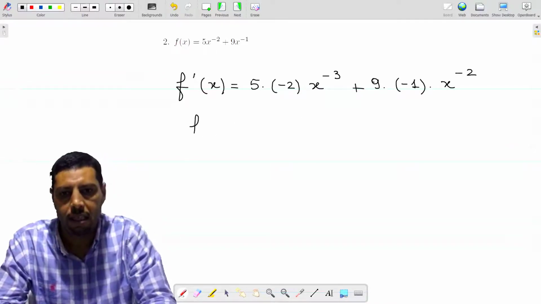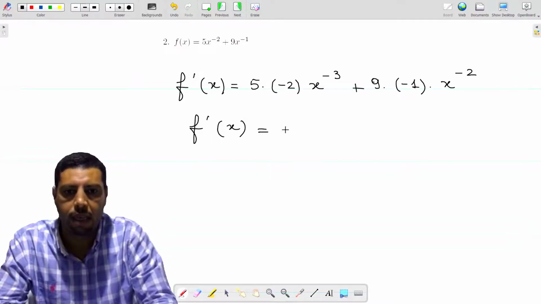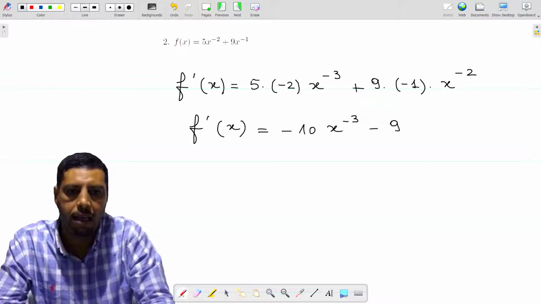Written in simplified form, f prime of x equals negative 10 x to the power of negative 3 minus 9 x to the power of negative 2.